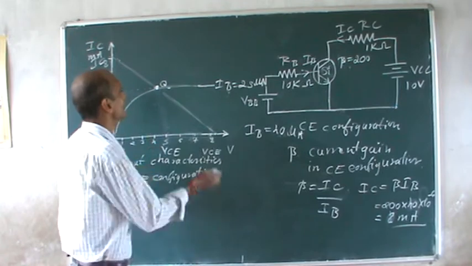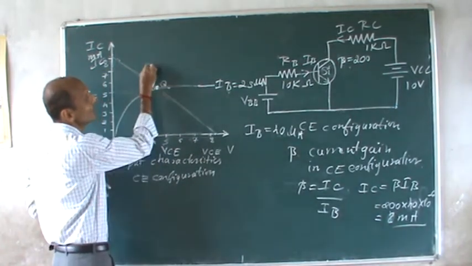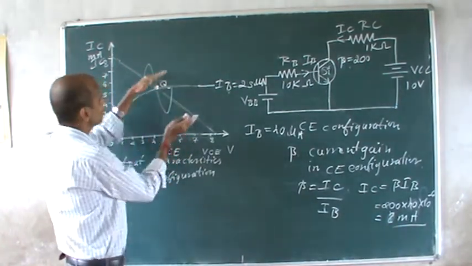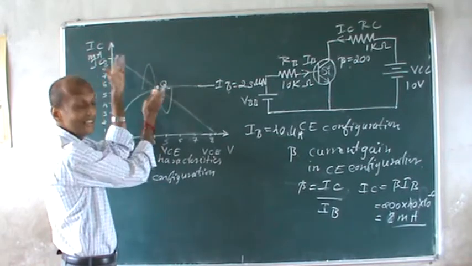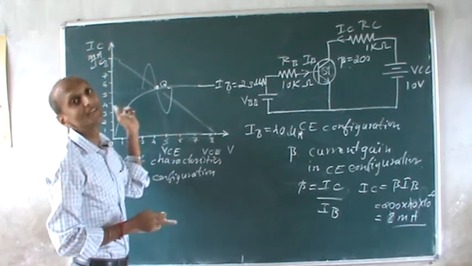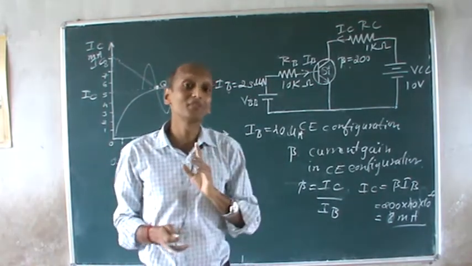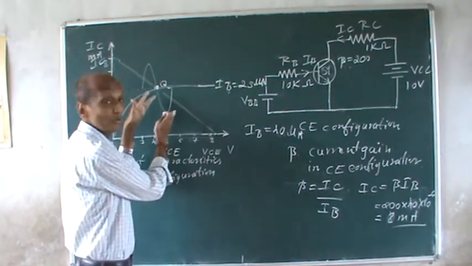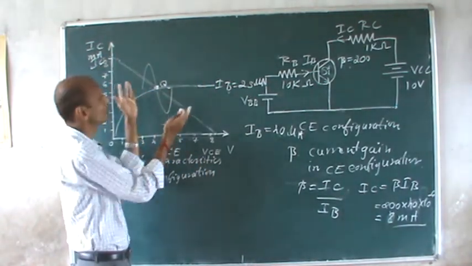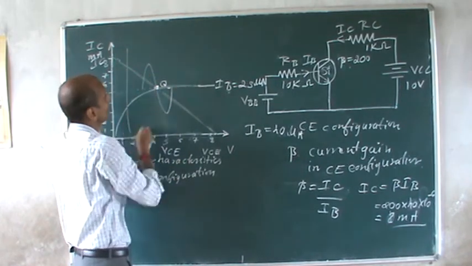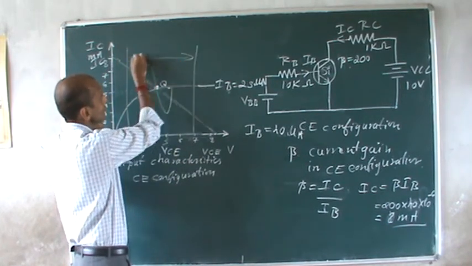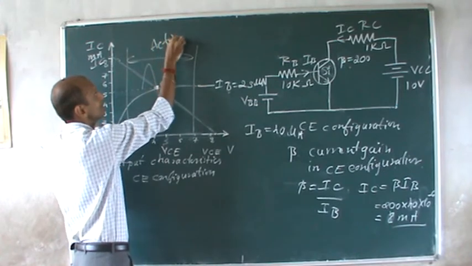When I apply a signal, the IC value will vary, isn't it? So your Q point will shift, as the IC value varies accordingly. So the Q point will shift again. That should not happen. It should not go out of the active region. The active region comes somewhere here. This is your active region.